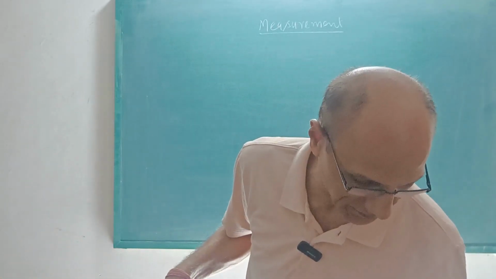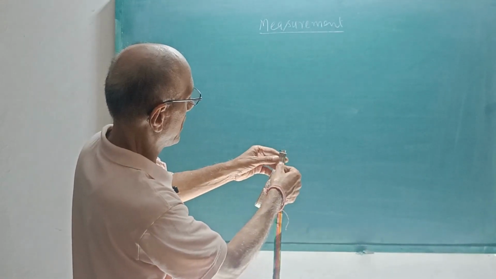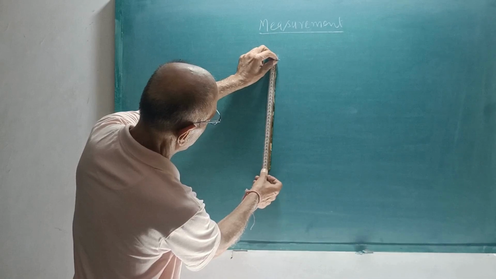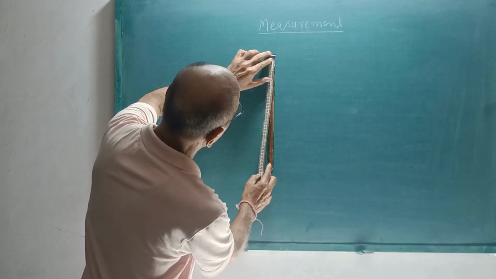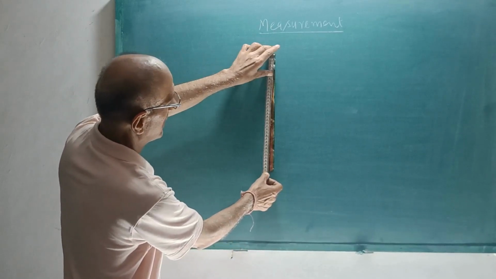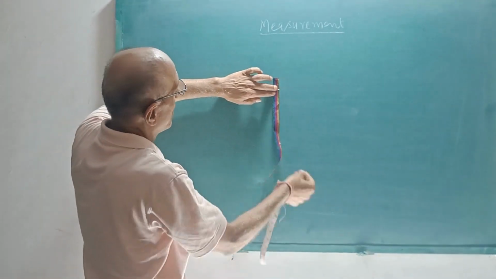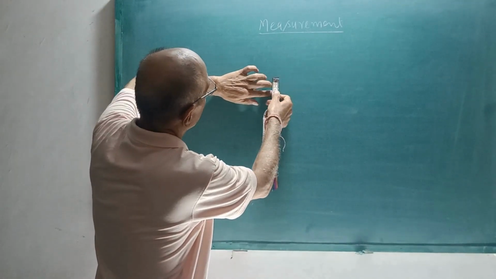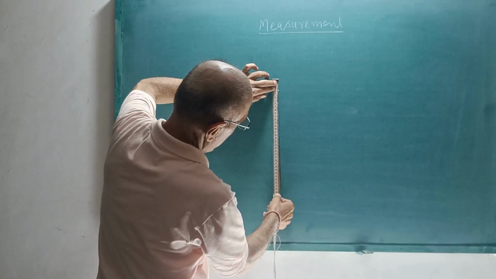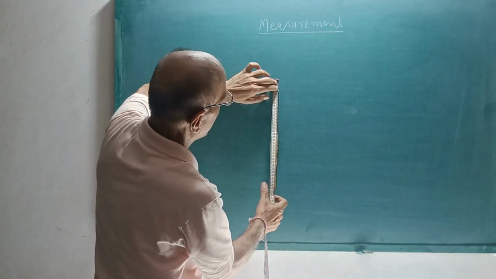And if we try to find out the length of this ribbon, just see, the length of the ribbon is 37, and of this is 35.5.